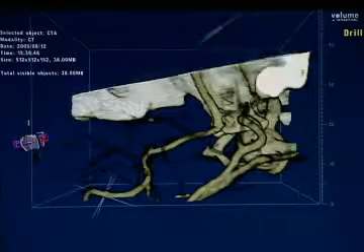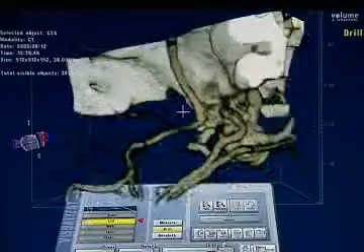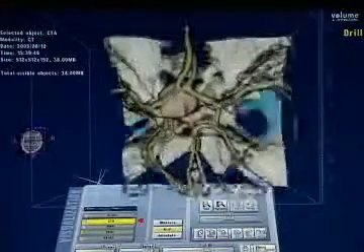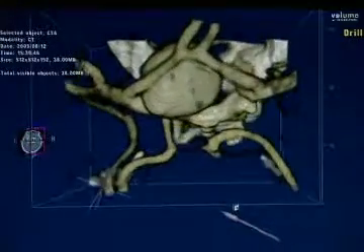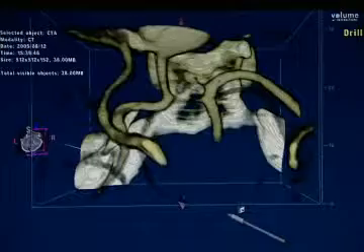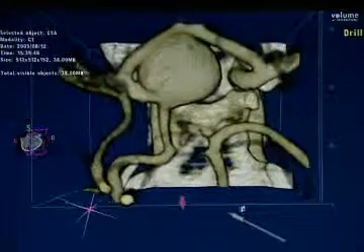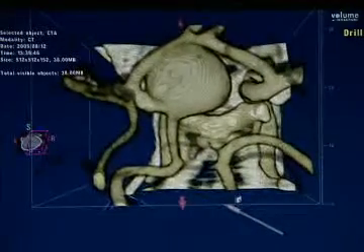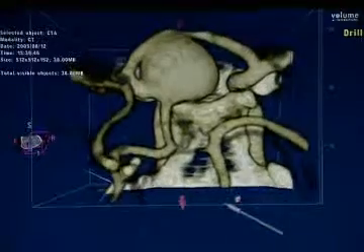So the issue is whether this could be reconstructed and clipped, preserving the posterior communicating artery and the choroidal artery. So, Ralph, show us tilted back so we can see, yeah, there's the posterior communicating artery coming out and joining up with the basilar. So probably this could be reconstructed if the situation were right.